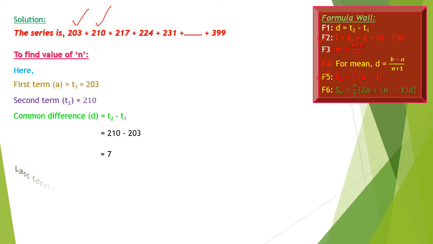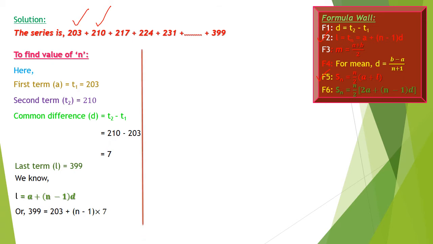Now the last term we have is 399, and we know the formula L is equal to a plus n minus 1 times d. We have L, we have a, we have d. So let's write 399 equals a, which is 203, plus n minus 1, where we don't have the value of n, and d is 7.